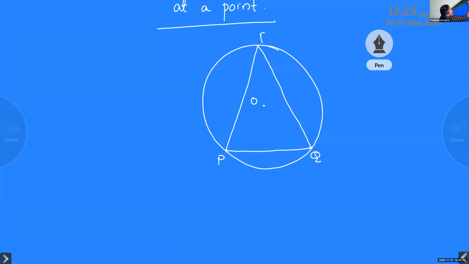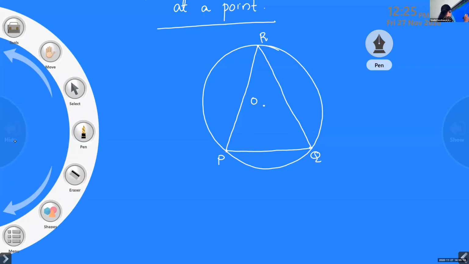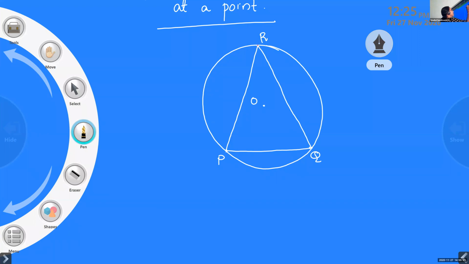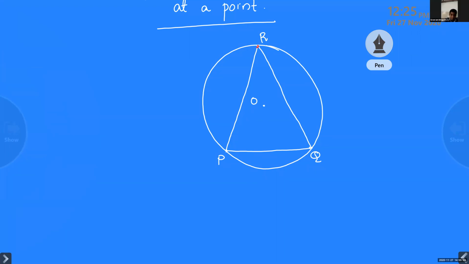Let me give the name of that point as R. You should draw a triangle connecting these 2 points, the chord, as the base. R is any other point on the circle, and P and Q are the end points of the chord. If you complete a triangle like this, connecting these 3 points, we'll get an angle on the top, right?